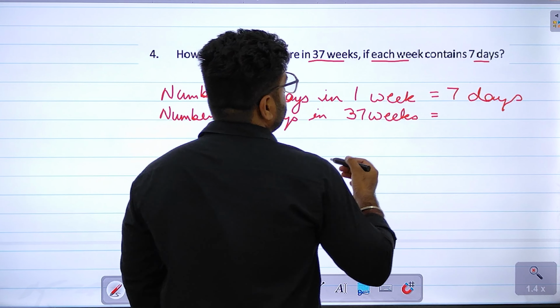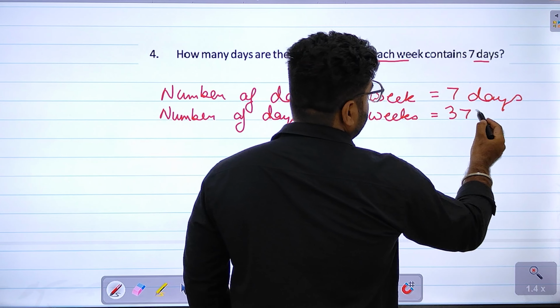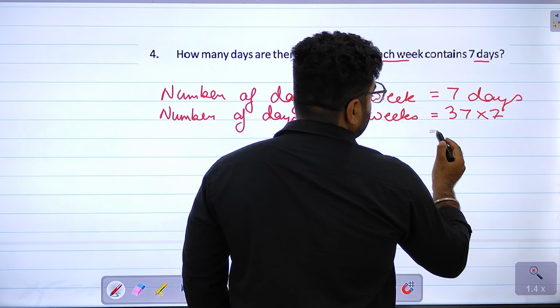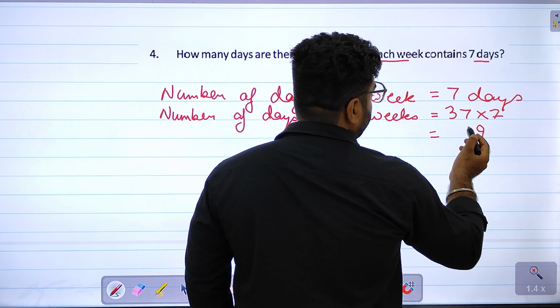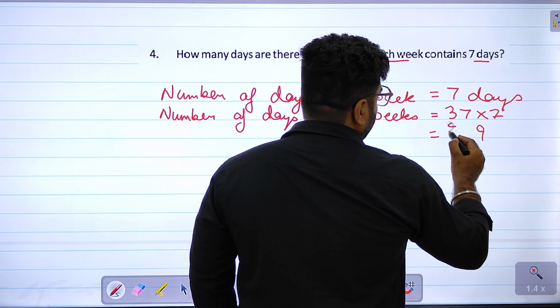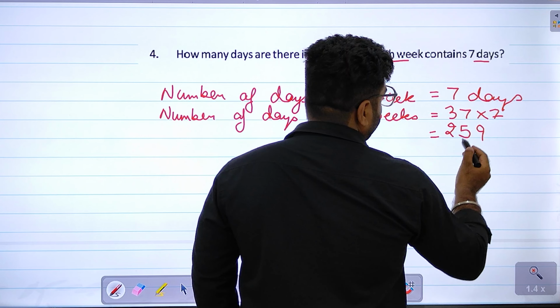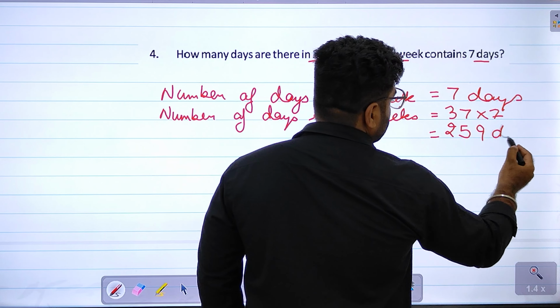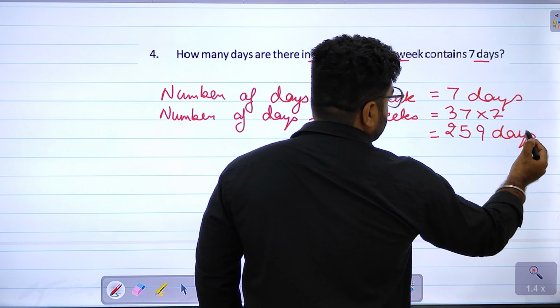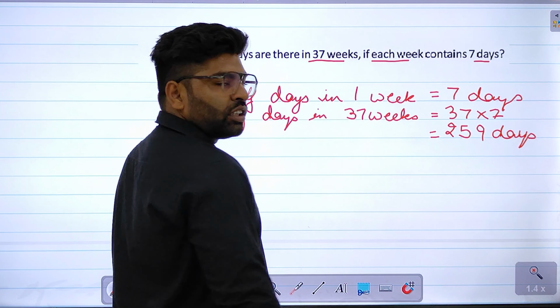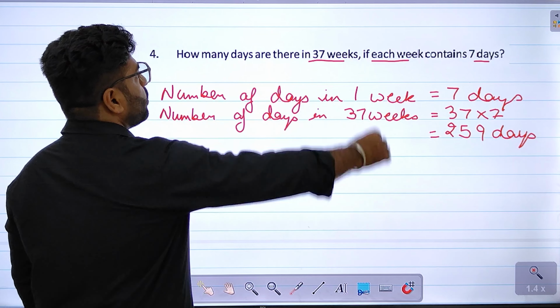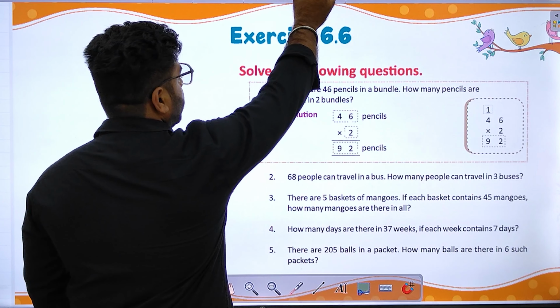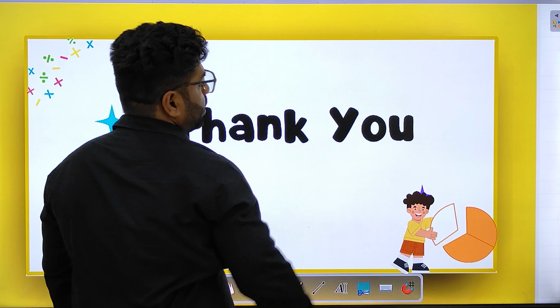So we have to just multiply 37 into 7. This will become 7 7s are 49, 7 3s are 21 plus 4, 25, 259 days in 37 weeks. Clear? So in this way, we are going to solve the questions of multiplication in word problem category.